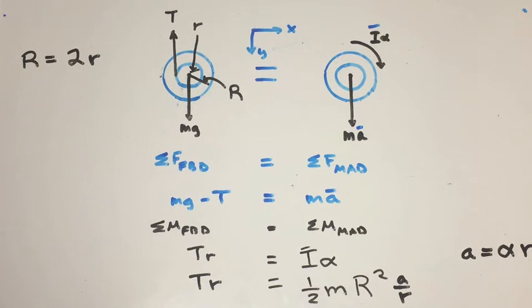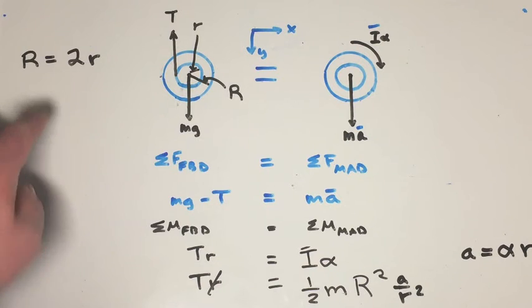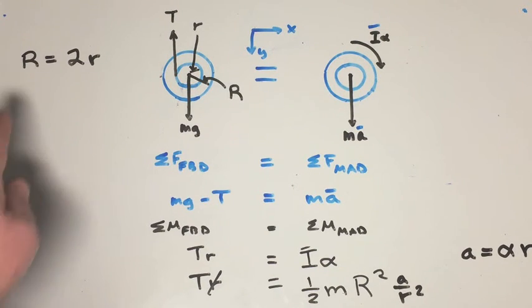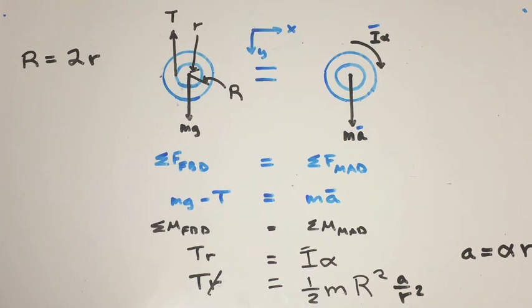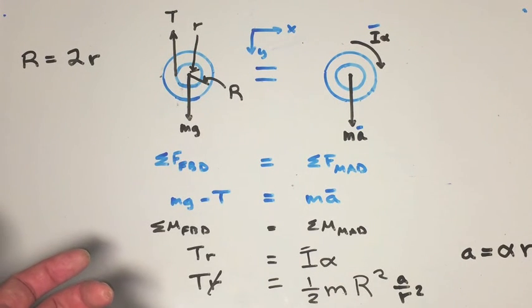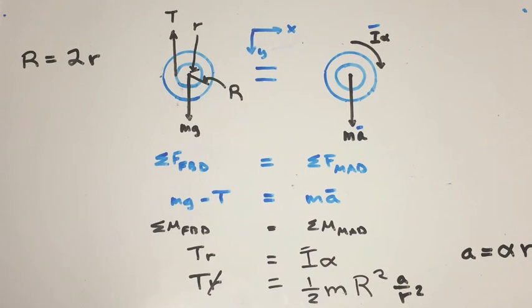Okay, now what we can do is solve for T, and that'll get rid of this r, square this. Now remember that big R is equal to 2 times little r. So big R, meaning the outer radius, is twice that of the inner radius.